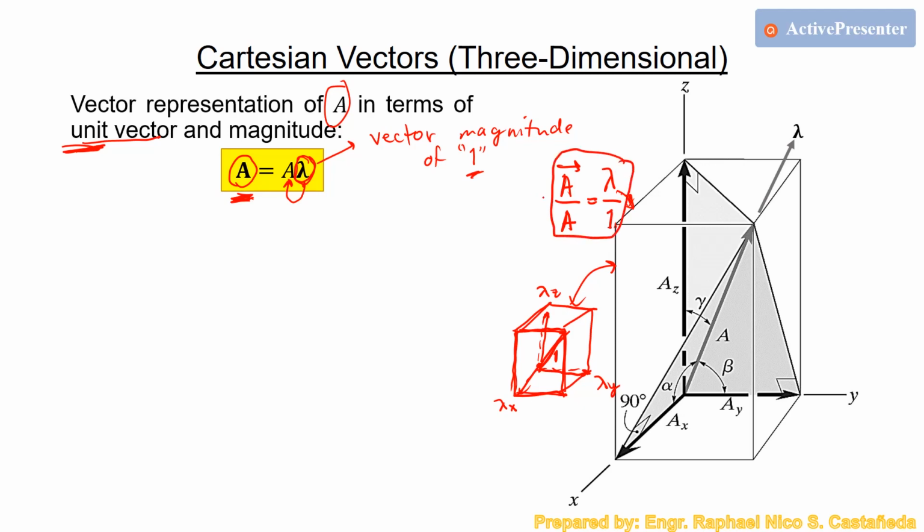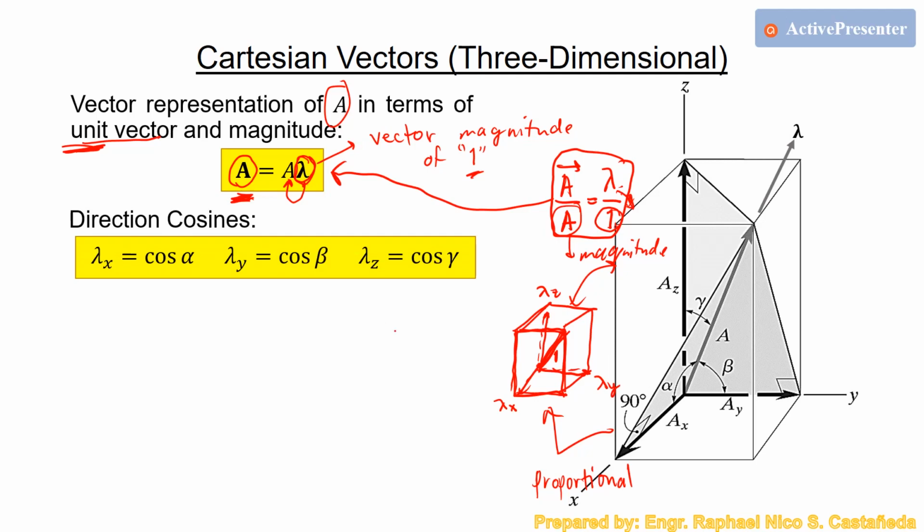Simplifying this formula, 1 will be neglected, so vector A equals the magnitude A times the unit vector lambda. That's how we come up with this formula. Remember that these two must be proportional so that their direction is the same.